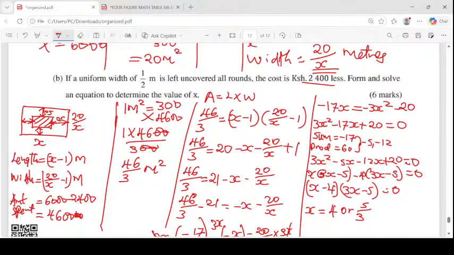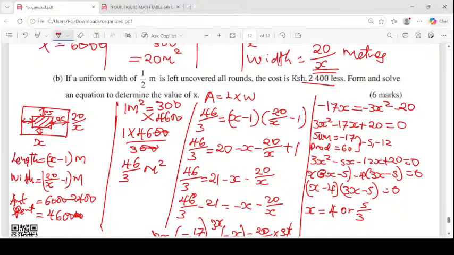I had, let me see, x minus 1. Then the other one I had was, okay. I'm just cross-checking what I've done at that particular stage, because it's also very important we confirm.